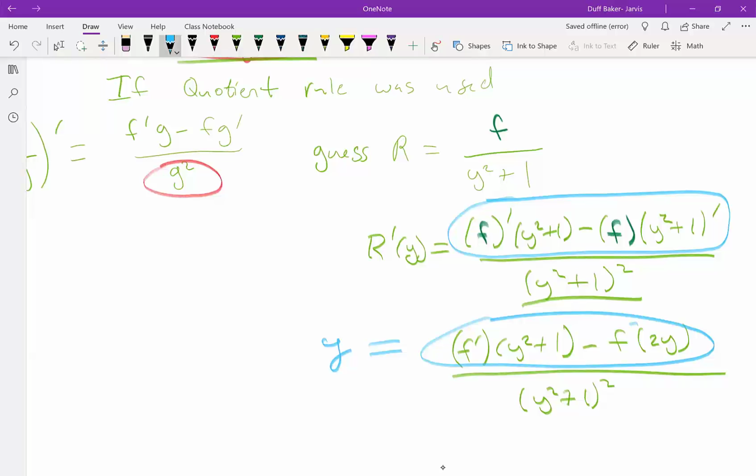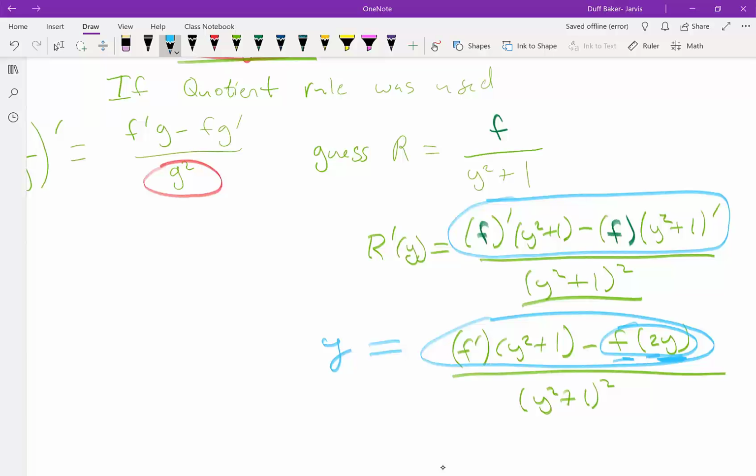And so what I see is in the second term, I have my y, but it has a 2 and an f. So in order to avoid having a y squared, maybe we just choose f to be a constant or a number, like 0 or 1 or some other number. So we're just guessing and checking.